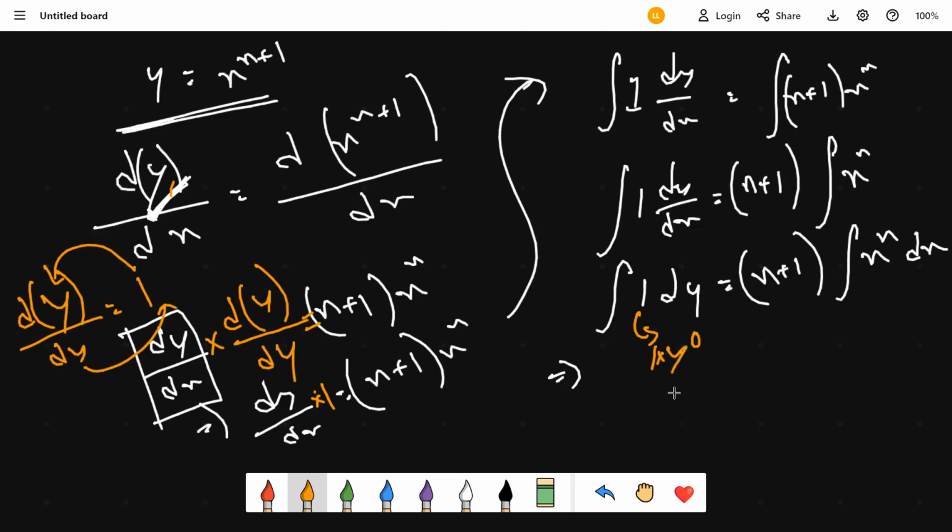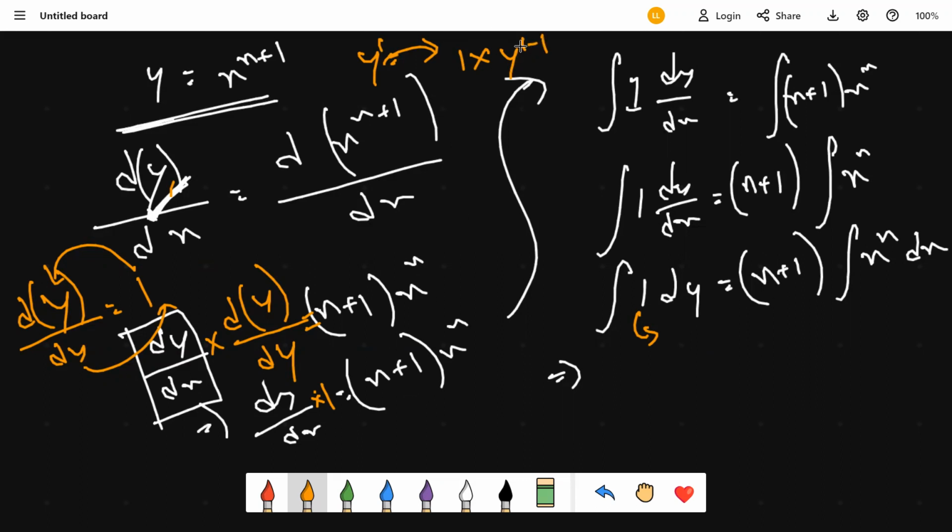Now, differentiation was what? We subtracted the power. So that means we have to add a power, add 1 to the power here. In integration, we will be doing the opposite. In differentiation, if y is that, then differentiating gives us 1 in front times y to the power 1 minus 1, which gives y to the power 0.